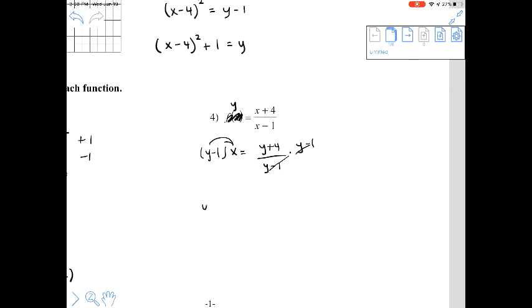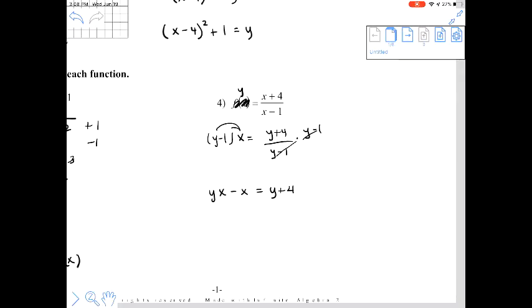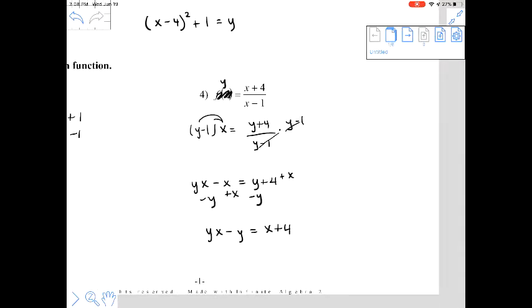So I'm going to get yx minus x equals y plus 4. Now I want to get this y to that side, so I'm going to subtract it. And then I want to get this x to that side, so I'm going to add it. So now I've got yx minus y equals x plus 4.